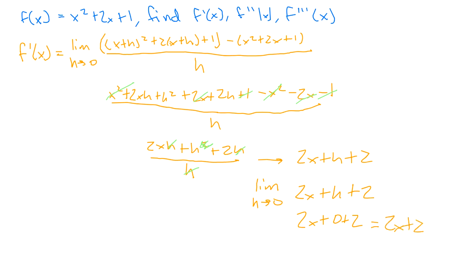Therefore, our f prime of x equals 2x plus 2. So now we can move even further. Now we know that our f prime of x is 2x plus 2, so let's find our f double prime.